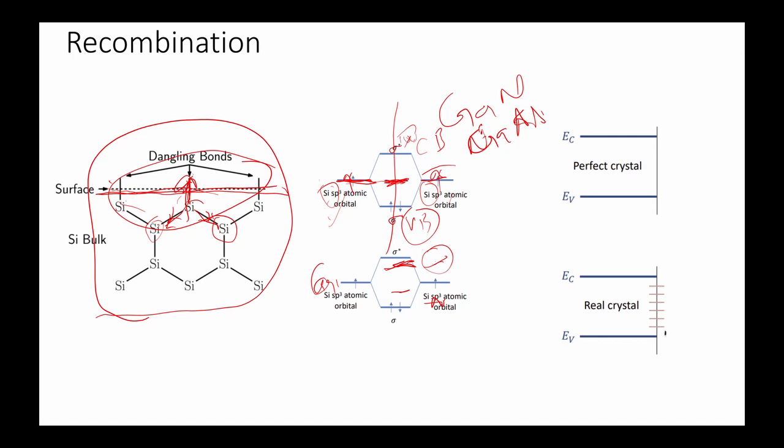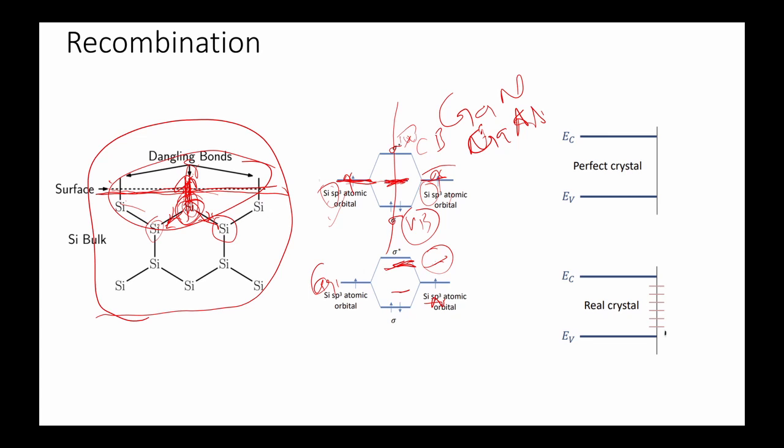Because there are dangling bonds. We call them dangling bonds because there is no silicon which can satisfy the force here, there is no bond which can satisfy this silicon. So there is an inward pull for this silicon. But this is not only at the surface.